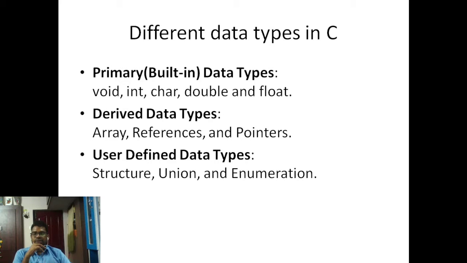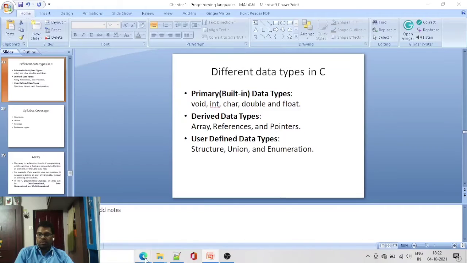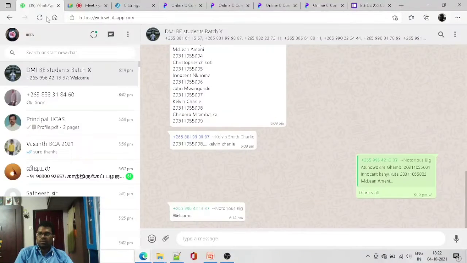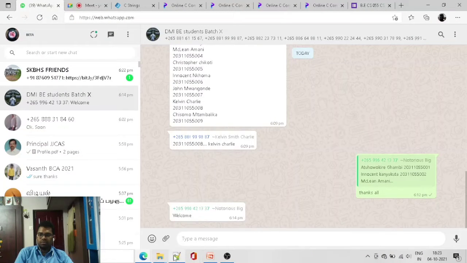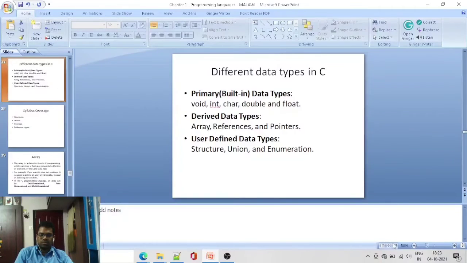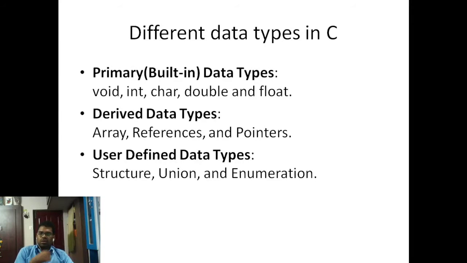Different data types in C. Built-in data types: void, int, char, double and float. Void means it won't take any values or return any values.